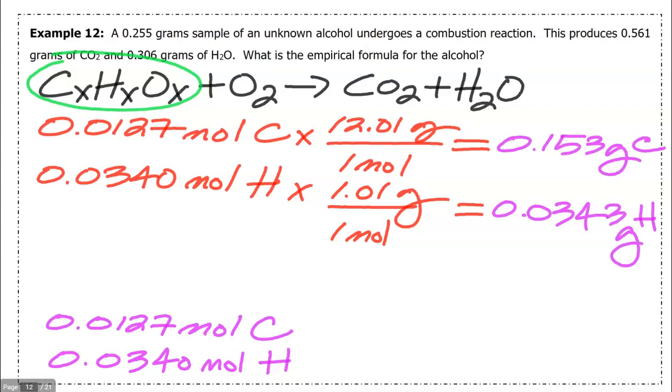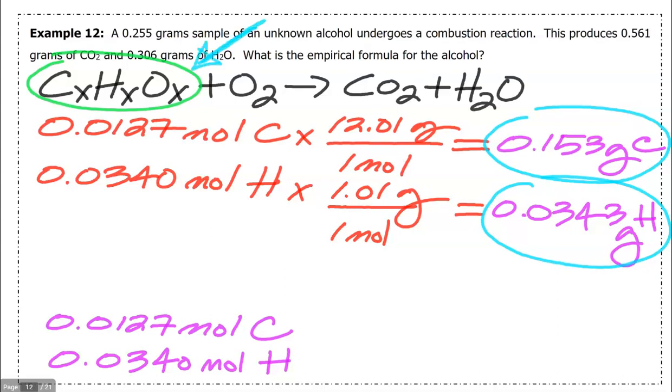So I ran the math through, and this is what we get: 0.153 grams of carbon and 0.0343 grams of hydrogen. We need to add these now, because we're trying to compare again to this value here, and we want to know how much of our sample is hydrogen and carbon, because whatever's left over has to be oxygen. So we're just going to add these up.